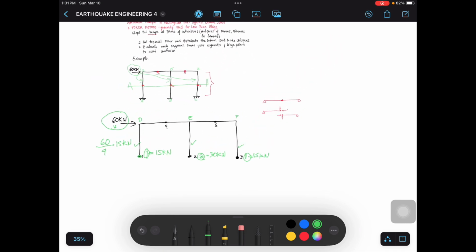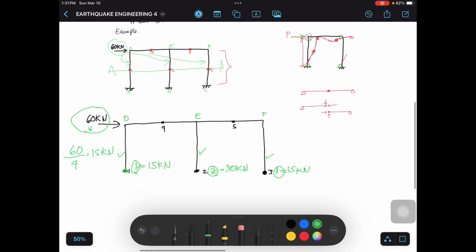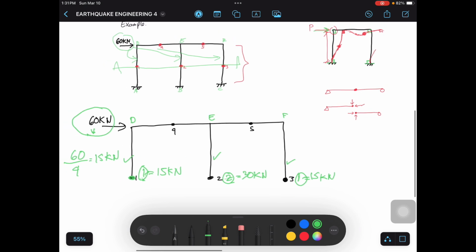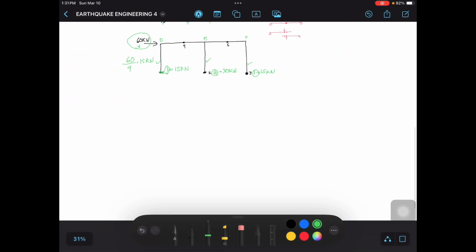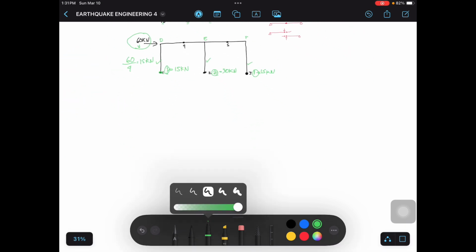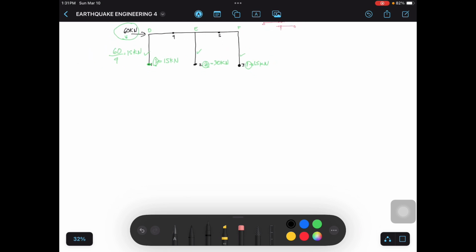Now, next, na-distribute na natin yung lateral. Now, we can evaluate each segment. So, ano yung segments natin? We have segment D, E, F, and then segment A, B, C. So, drawing natin siyang hiwalay again para magets ng lahat. Medyo napansin kong medyo madaming naguguluhan. So, paano yung each segment?